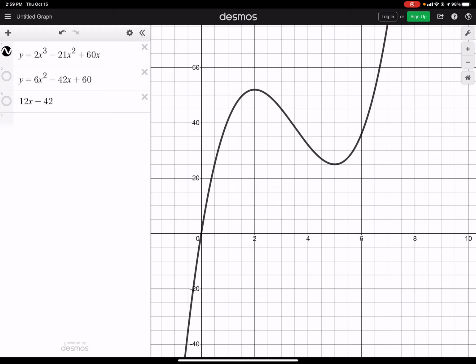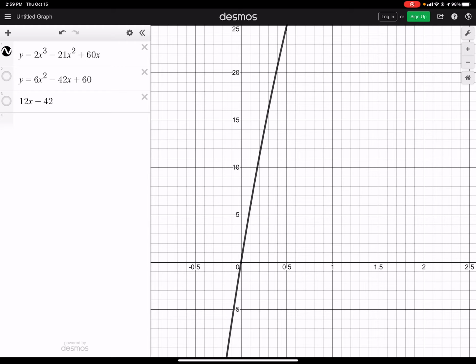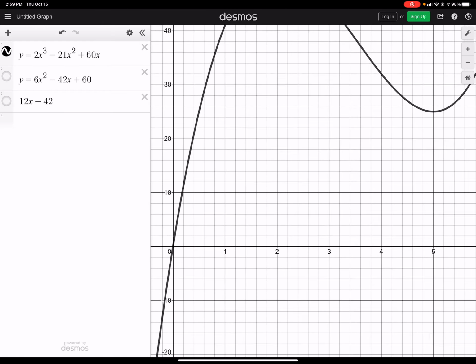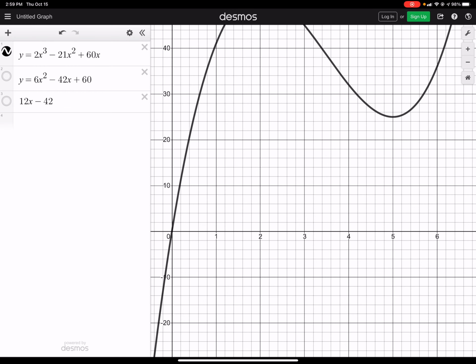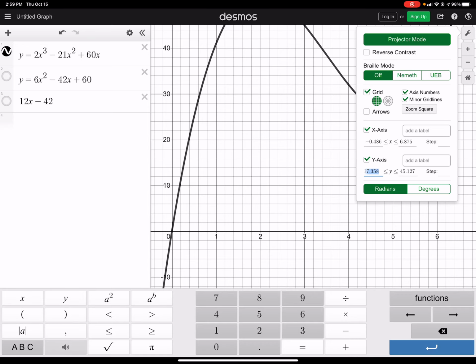Now, you have to be careful because your windows might be off. Suppose your graph looked like that. Well, first of all, you want to go from 0 to 6. So you want to squeeze down and get it all the way to 6 seconds, which is here. Now, your graph could, and this is important, look different.